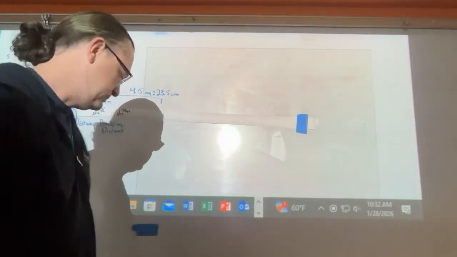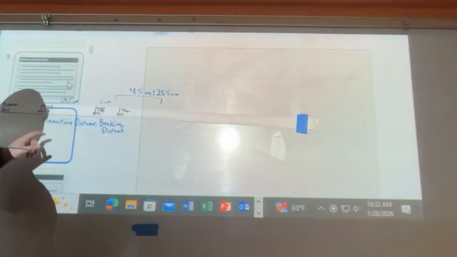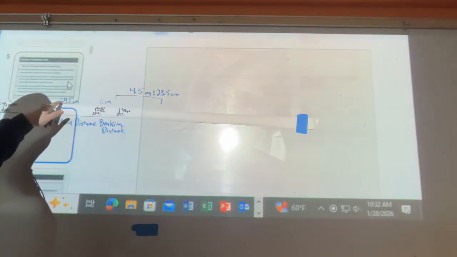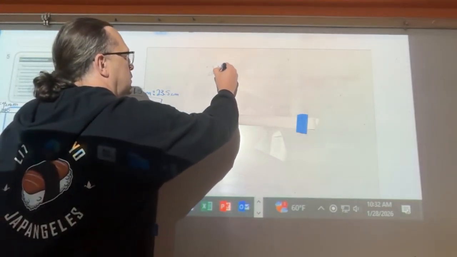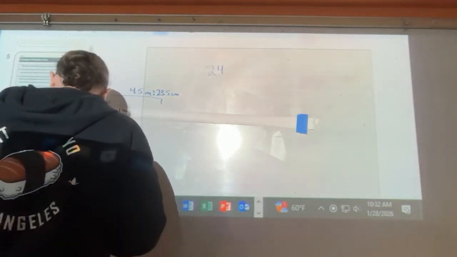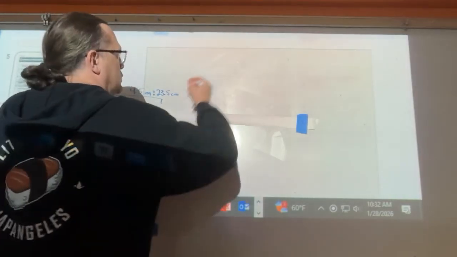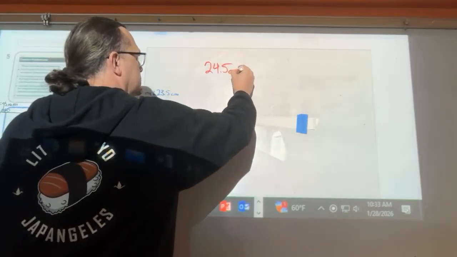For example, the measured reaction distance was 24.5 centimeters. Let me change markers. 24.5 centimeters.